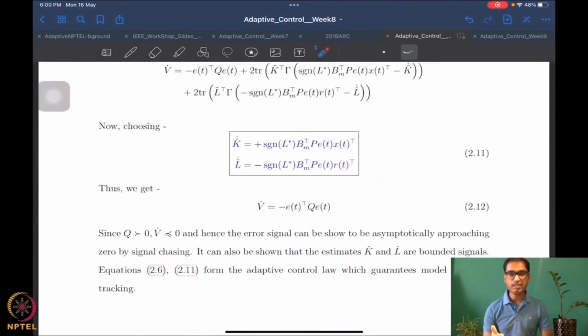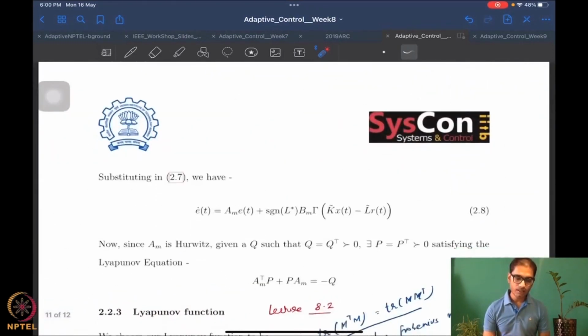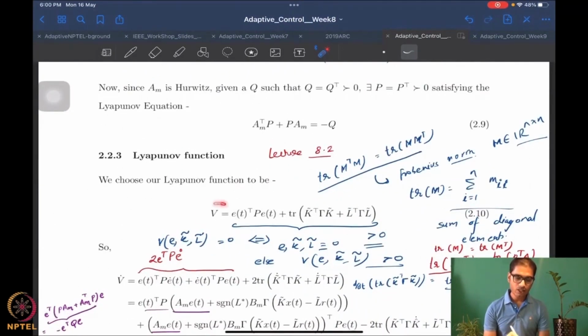So V is a non-increasing function of time, which means that whatever the initial value of V is, you cannot go beyond it. Therefore, none of these terms can go unbounded.